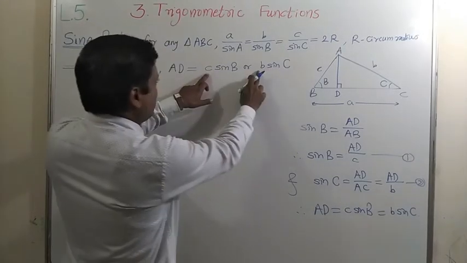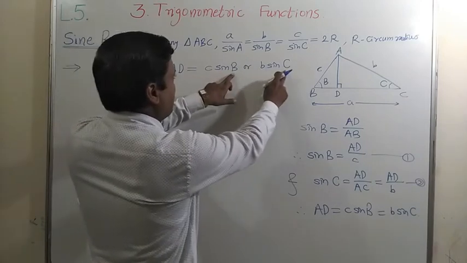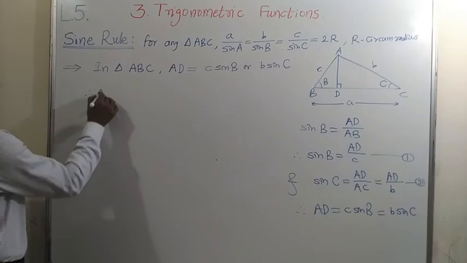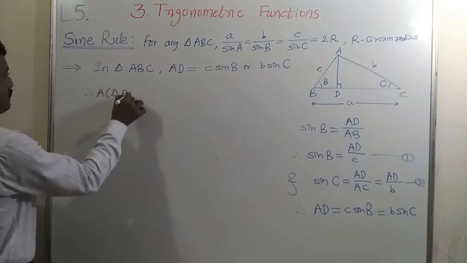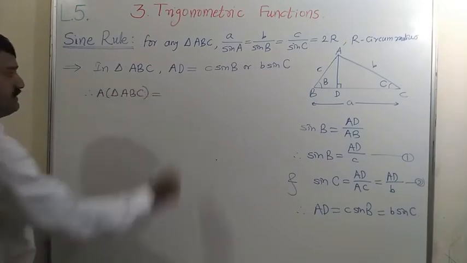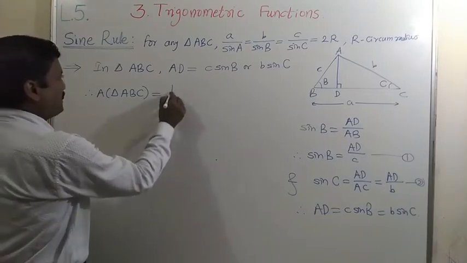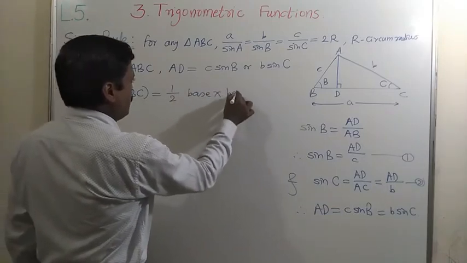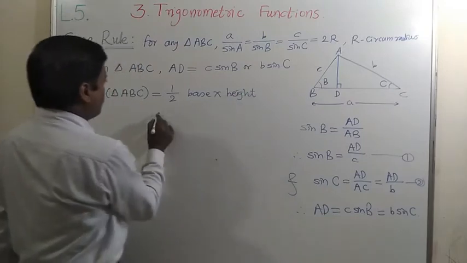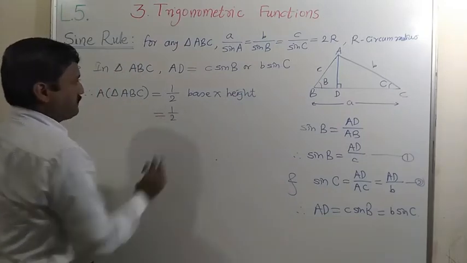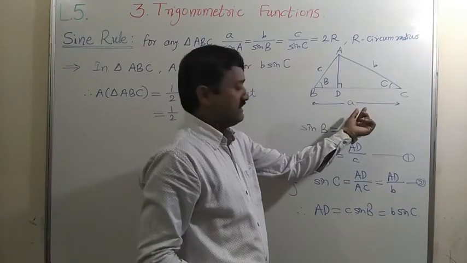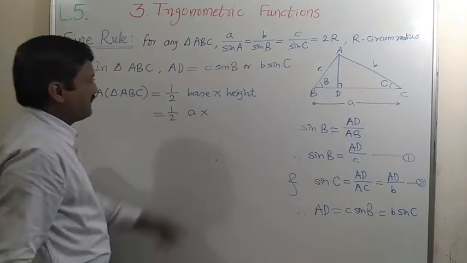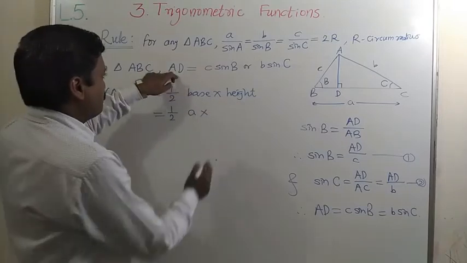Whenever you are writing this, these sides are small letters and these angles are capital. Okay, remember that. Now, therefore, area of triangle ABC is 1/2 base into height. So it is equal to 1/2 base, which is our side BC, that is small a. Now we can take height, that is AD.